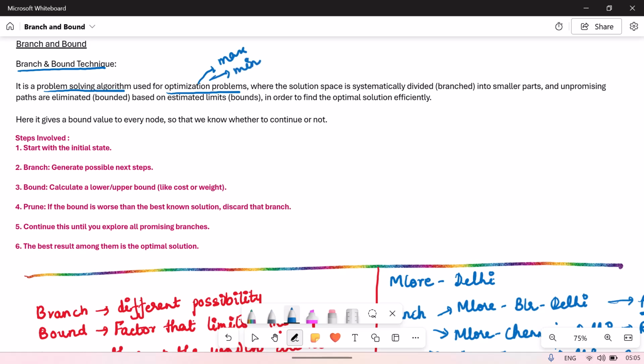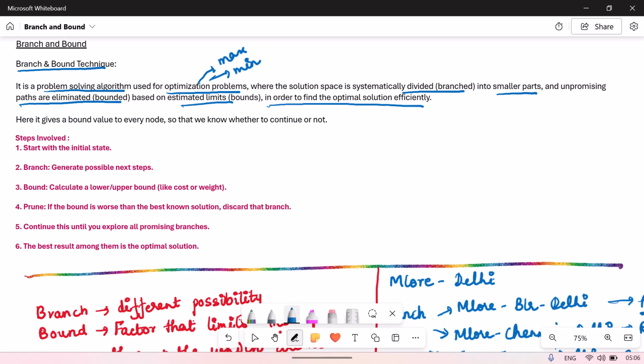The solution space is systematically divided or branched into smaller parts, and unpromising paths are eliminated or bounded based on estimated limits in order to find the optimal solution efficiently. We will be exploring the different branches, but there is something called the bound factor which will limit our exploration. We might have different branches, but based on the bound factor, we will only go through some of the ways. This will lead you ultimately to the final solution.